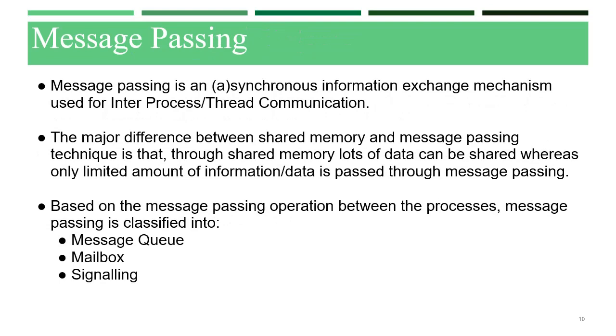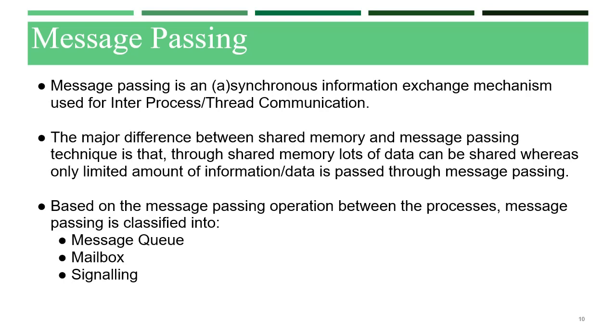Message passing. Message passing, we can say, is an asynchronous or synchronous information exchange mechanism which is used for inter-process or thread communication. The major difference between shared memory and the message passing technique is that through shared memory, a lot of data can be shared, whereas only a limited amount of information or data is passed through message passing.